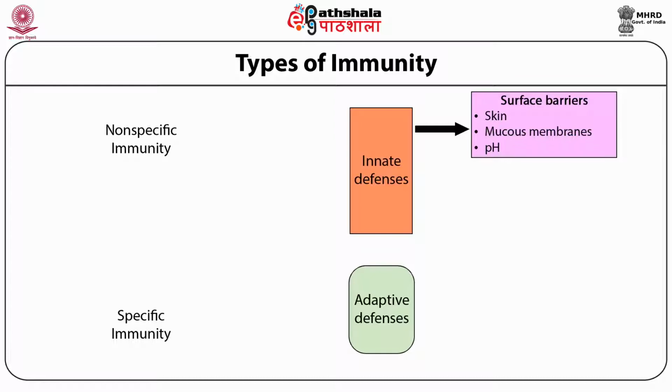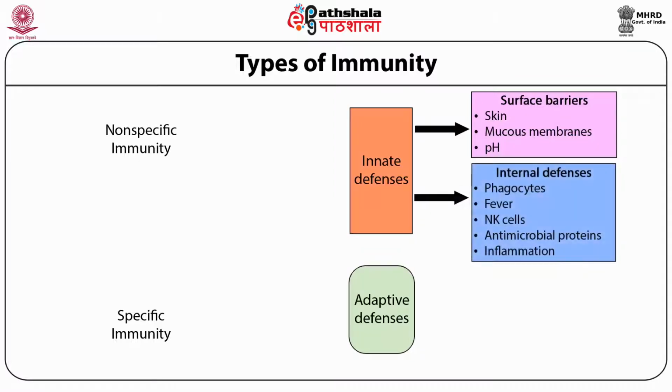So these are the three important barriers that prevent the pathogen from multiplying inside the host. Apart from that, pathogens contain various signature molecules. These are called pathogen associated molecular patterns, and they are recognized by various receptors present in immune cells. These receptors are called toll-like receptors, RIG-like receptors and NOD-like receptors.